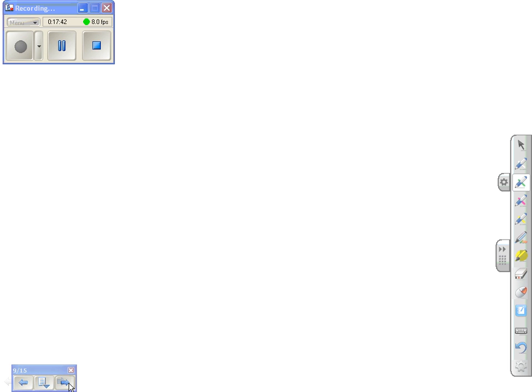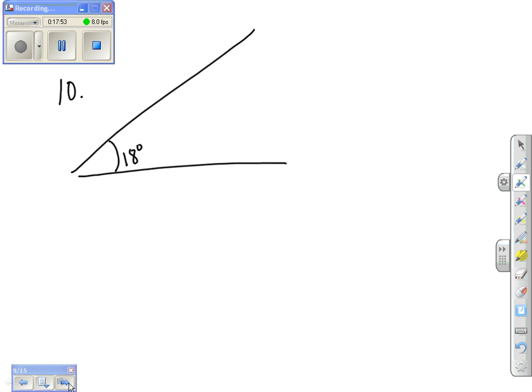Number 10. Number 10 is our lovely projectile review problem. A golf ball is hit at an angle of 18 degrees to the horizontal with a speed of 45 meters per second. We want to first find the Vx.